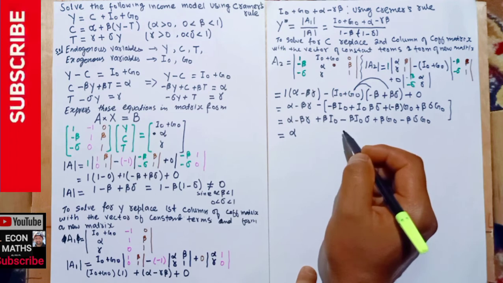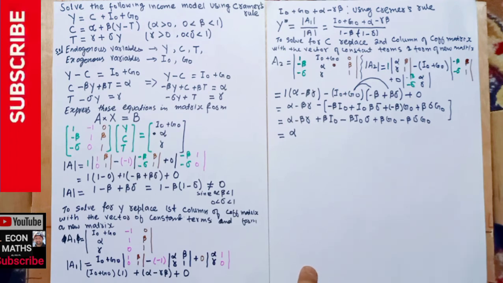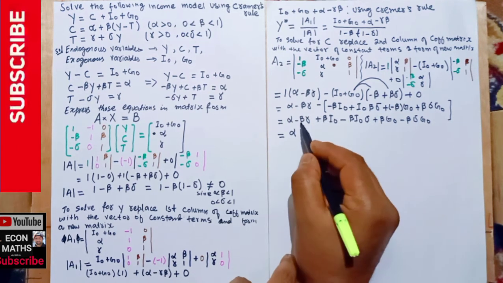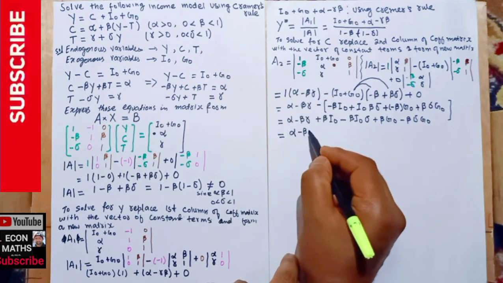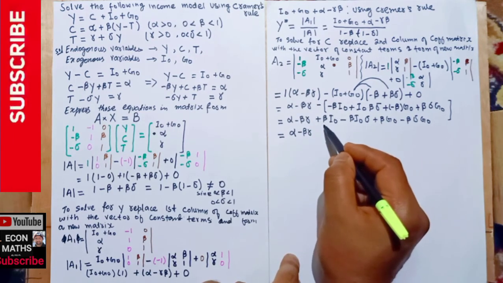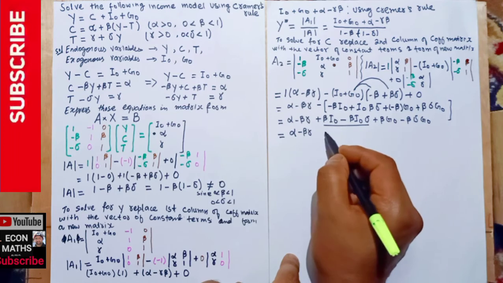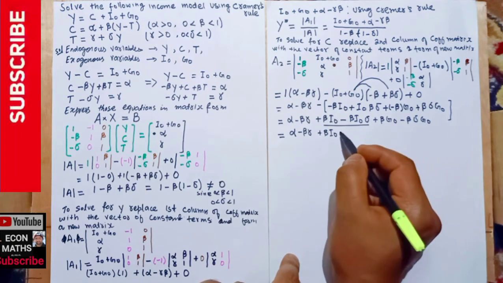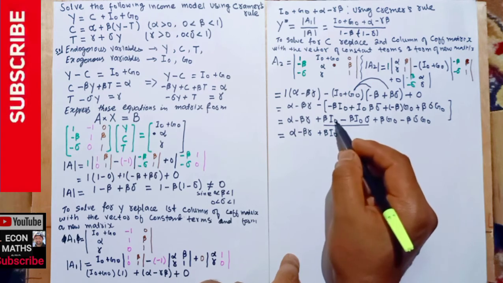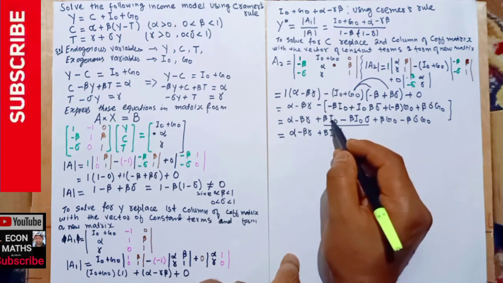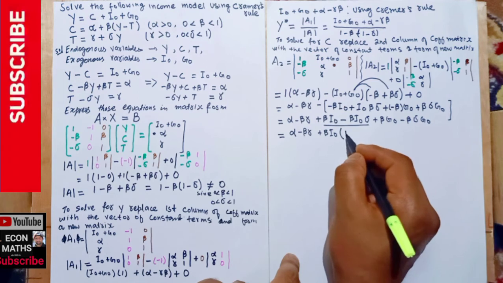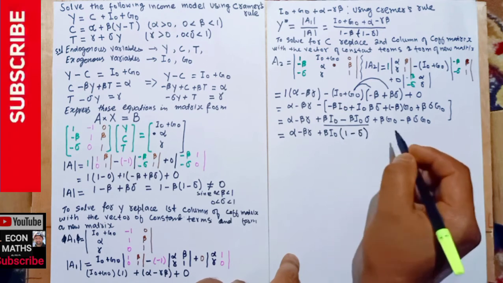Now here we can see this is minus beta gamma. Now we will factor out beta I0 here, that is plus beta I0. Now we are left with 1 minus delta.